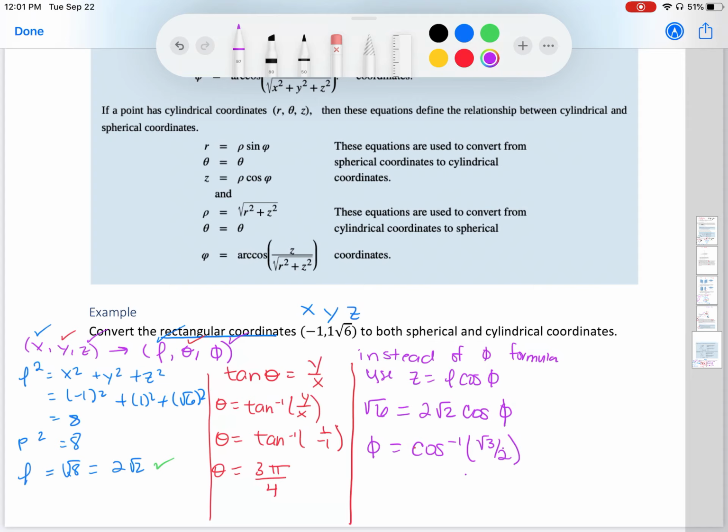All right, so we're doing cosine inverse. So for that, you look at your answer and you see what angle it comes from. Phi is pi over 6. So again, on your unit circle, you see where cosine has this as an answer. You see it comes from angle pi over 6. Okay, so we have all of our values to go from x, y, and z to rho, theta, phi.